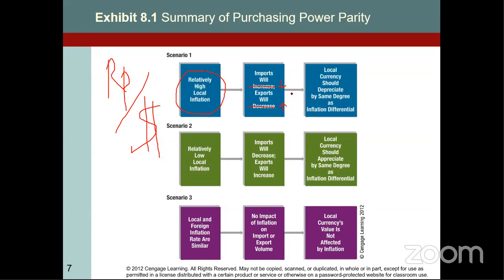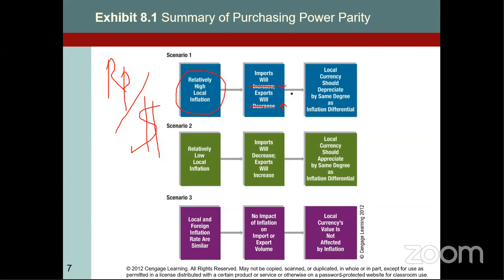Vice versa for exports. If you are an exporter, you export goods and receive US dollars as payment. If the US dollar has increased in value, you have more money, and more money means you can buy more goods, so your imports will increase.